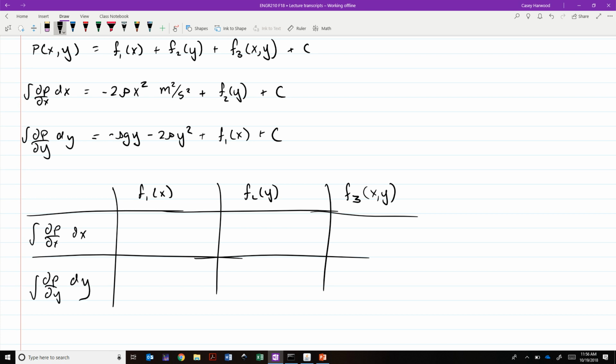Take your solution to the integral of dp/dx and put it in the appropriate boxes of the table.